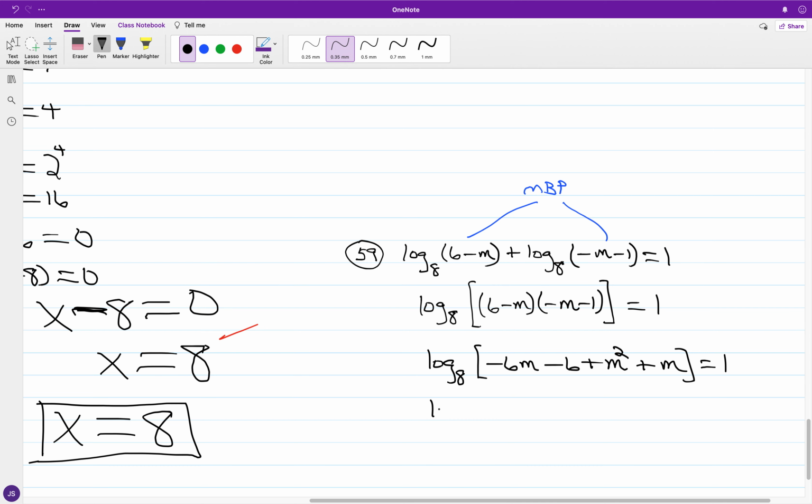And it's equal to 1. And just rearranging things, so you have a base 8 logarithm, so you have m squared, and so we got negative 6m plus m, that would be a negative 5m. I got minus 6.